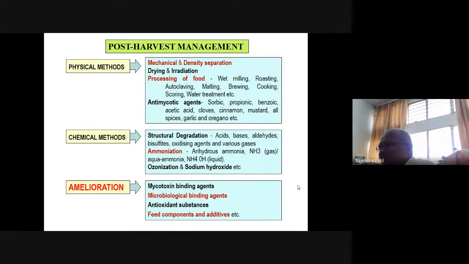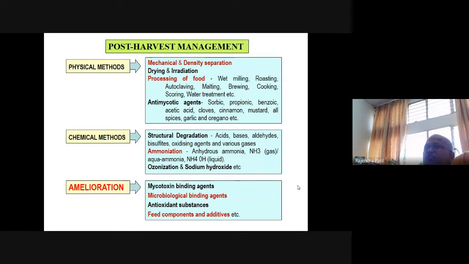So although these physical and chemical methods reduce the mycotoxin level in contaminated food and feed, the nutrient quality of the food is not maintained during this chemical processing or the physical ways. That's why amelioration is a strategy, and nowadays people are trying to go for ameliorative agents.